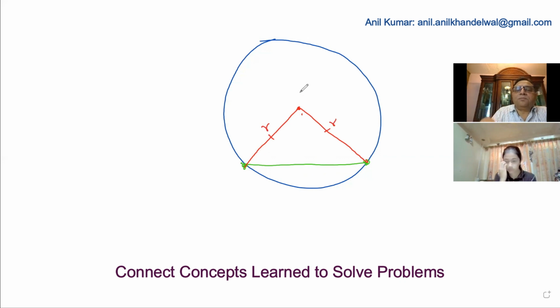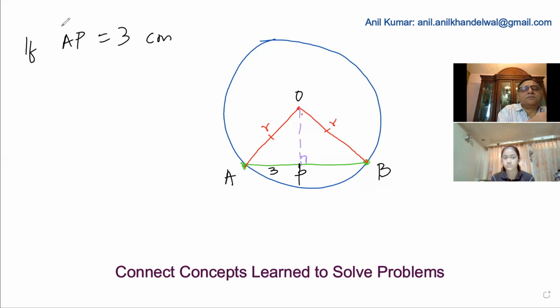And if I drop a perpendicular from the center, let me label this: O, A, B, and let us say this point is P. Now, if AP is 3 centimeters, find R. How will you find R if AP is 3 centimeters? Tell me.